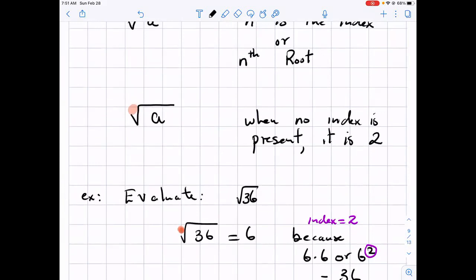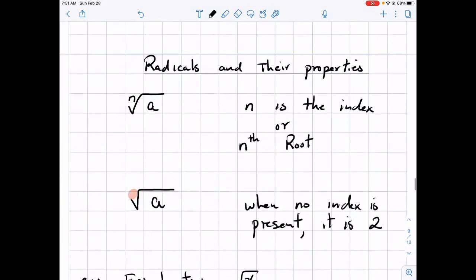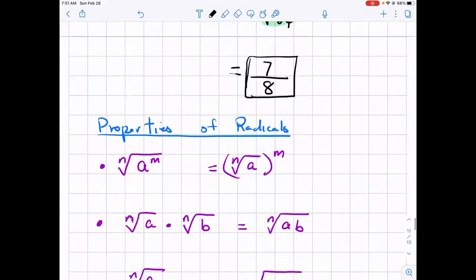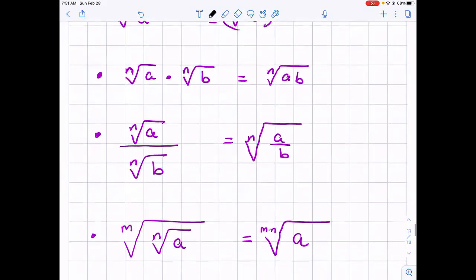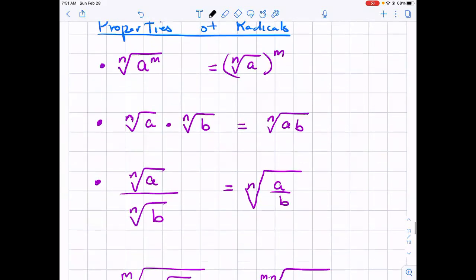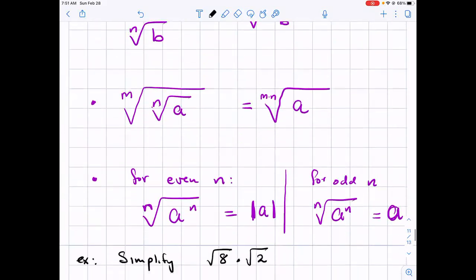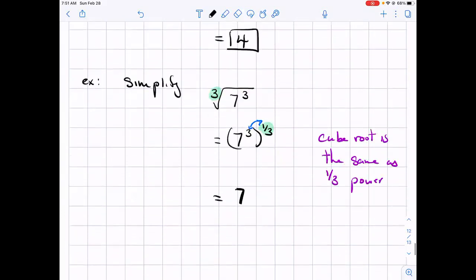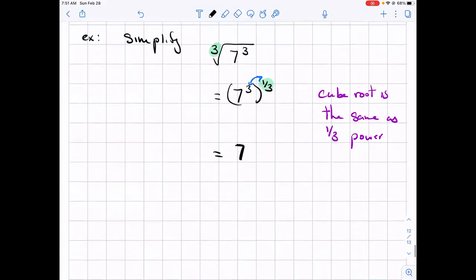If there's no index, it equals 2. Maybe I should put that as a property, just so that you remember. I thought I wrote it down as one of the properties, but I didn't. But it's also in my prior video.